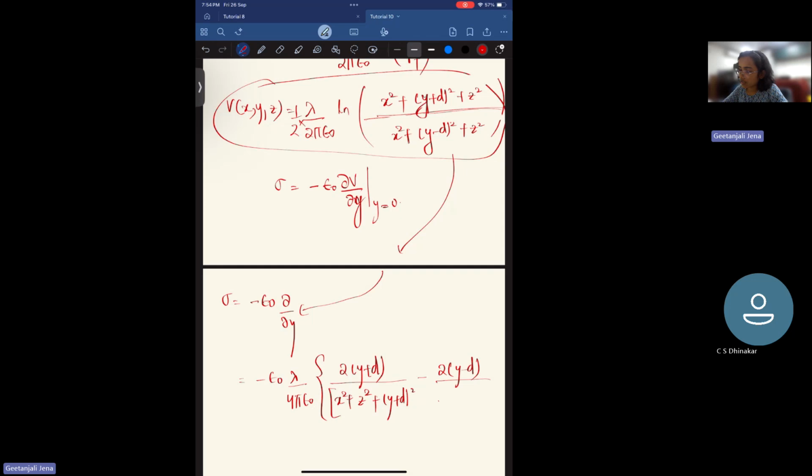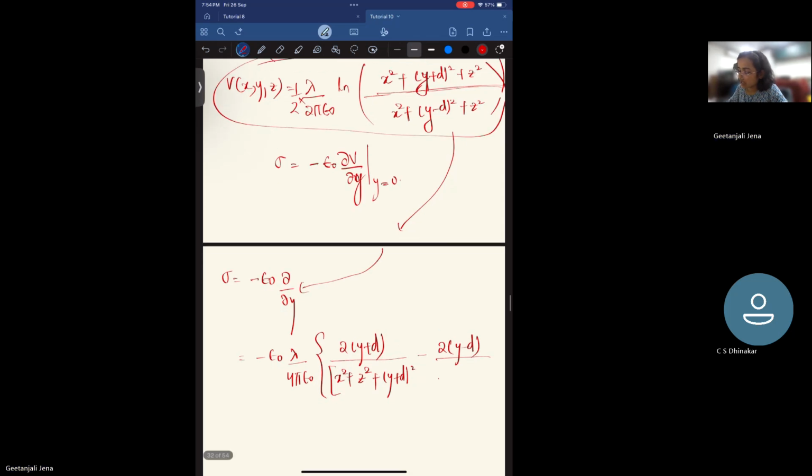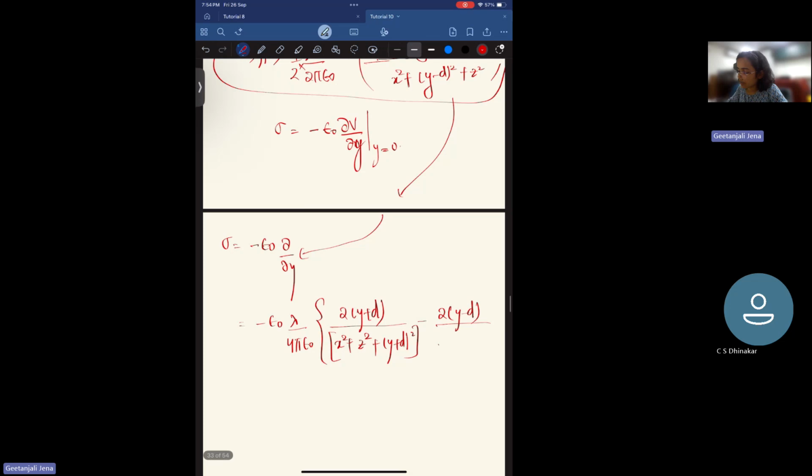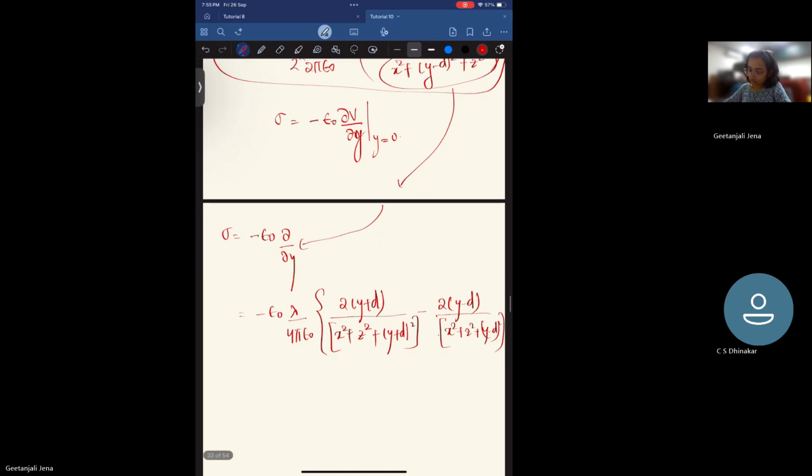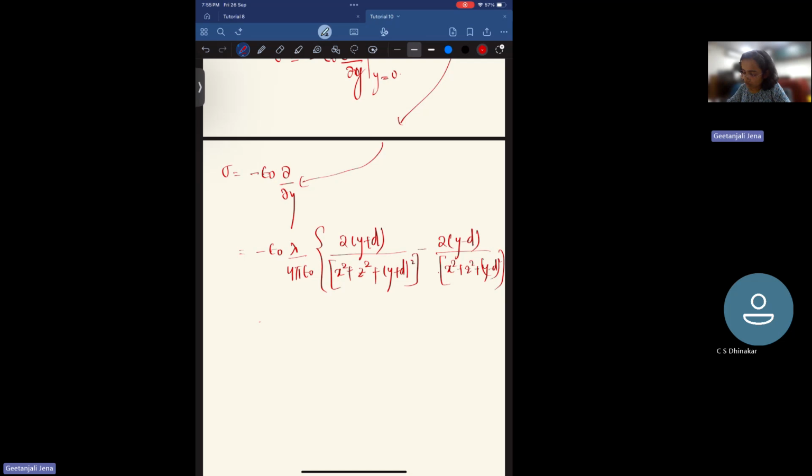The first term will give 2y plus d, this will remain the same, and this term will give 2y minus d over x square plus z square plus y minus d square. Put the value of y equal to 0. So this will give minus lambda d by pi times x square plus z square plus d square.